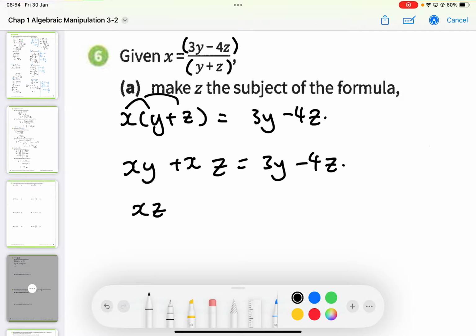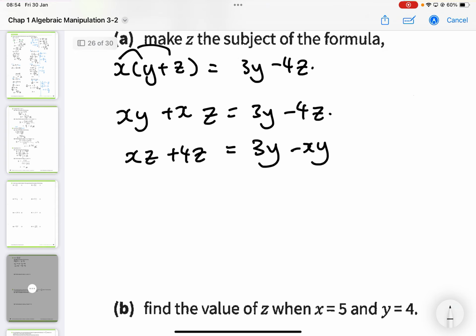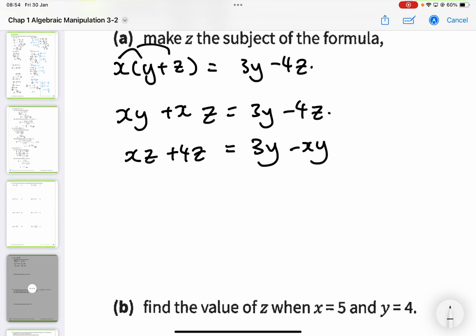So I need to plus 4Z. My 3Y was on the right, I never touch it. Then this XY doesn't have a Z, so I don't want it to be at the left. I want it to go across.